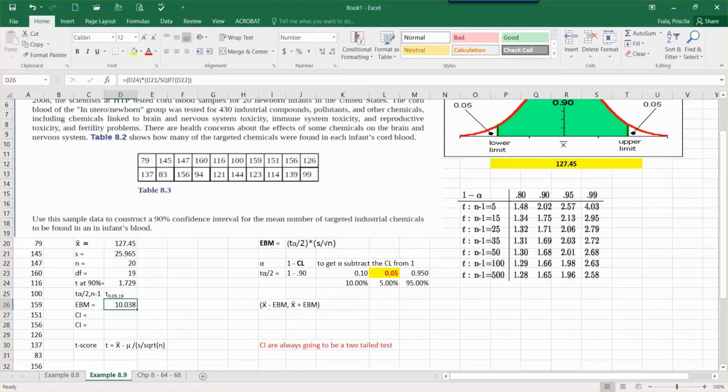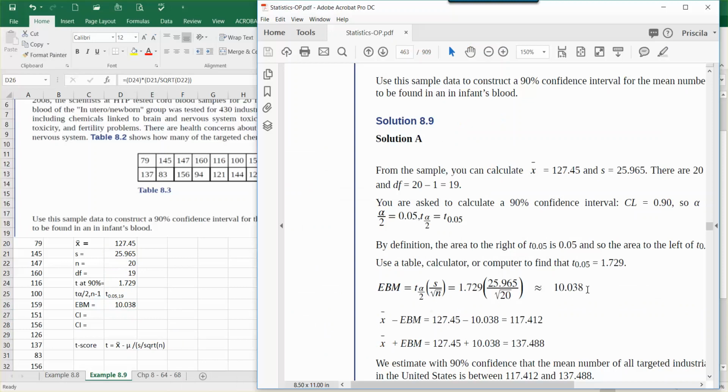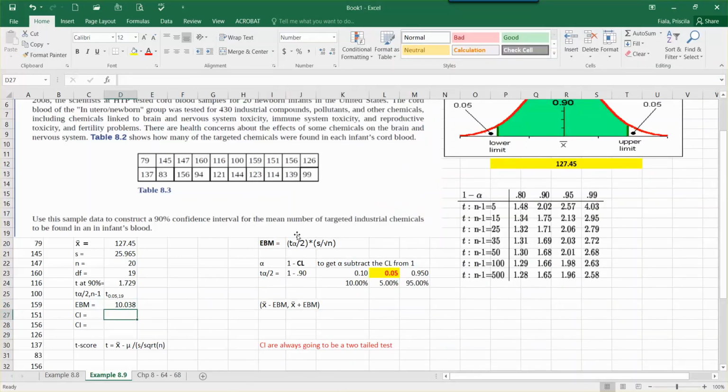And then I found my error bound margin over here. So now all I have to do is the mean minus my error bound margin to find the lower bound, and the mean plus my error bound margin to find the upper bound.